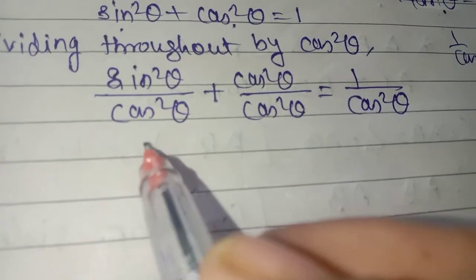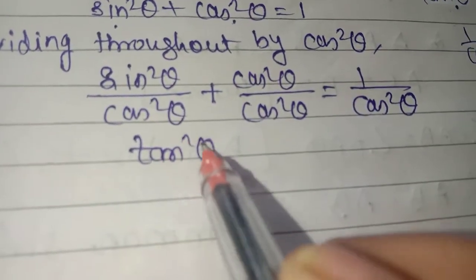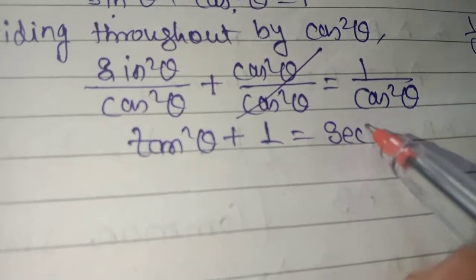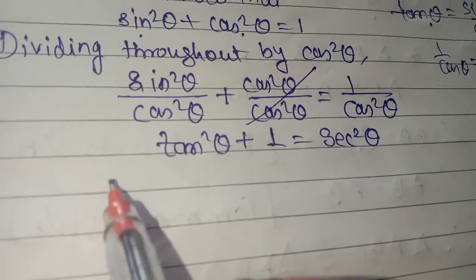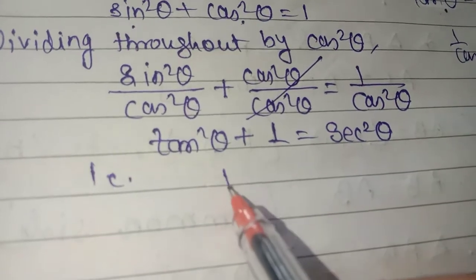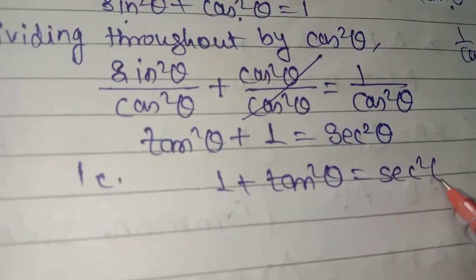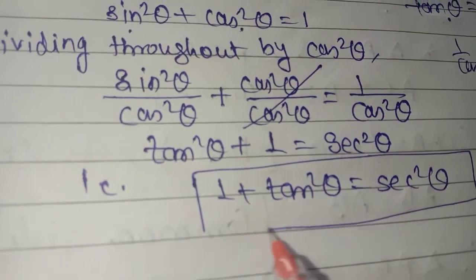Now sin upon cos is what? Tan square theta, plus, cancel it, 1 is equal to 1 upon cos square theta, which is what? Sec square theta. That is our result. 1 plus tan square theta is equal to sec square theta. Clear? So it is our first result.